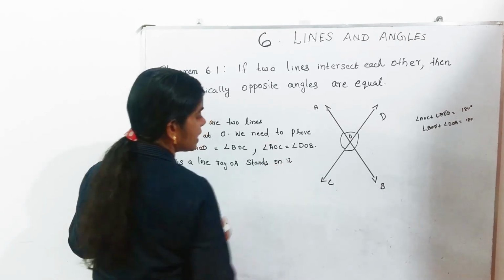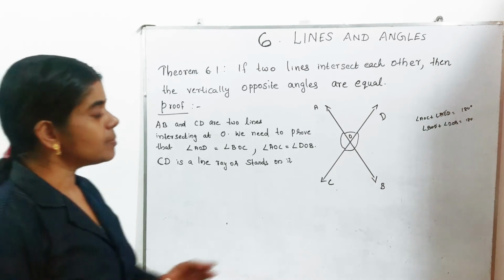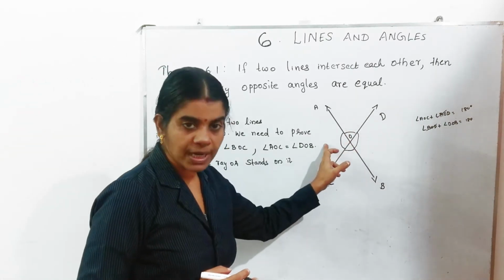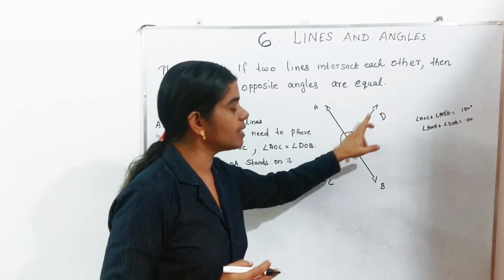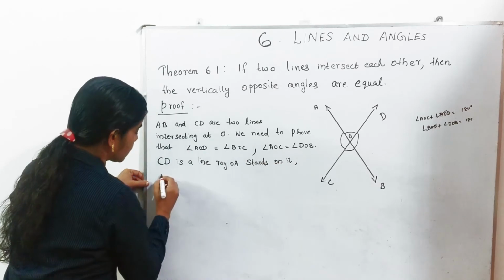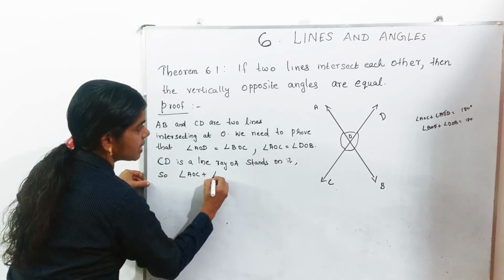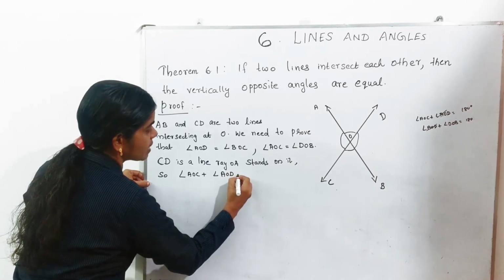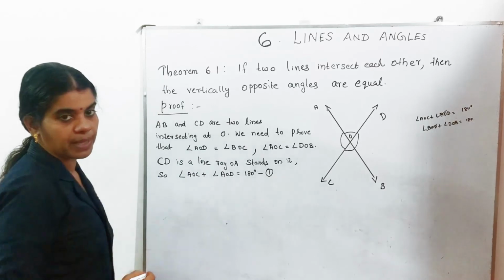Then what we have studied: if a ray stands on a line, the sum of two adjacent angles will be 180 degrees. Then we can write angle AOC plus angle AOD equal to 180 degrees. You can give this as equation number 1.